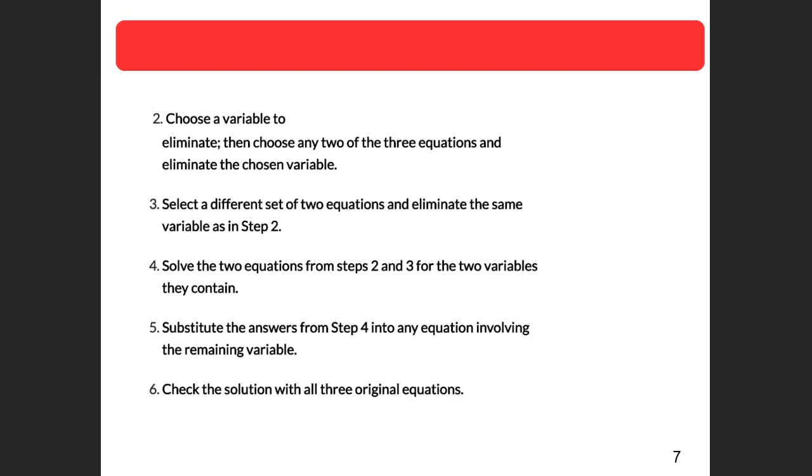Step 2, choose a variable to eliminate, then choose any 2 of the 3 equations and eliminate the chosen variable. Step 3, select a different set of 2 equations and eliminate the same variable as in step 2. Step 4, solve the 2 equations from steps 2 and 3 for the 2 variables they contain. Step 5, substitute. Look at all these steps. Let's take an example.